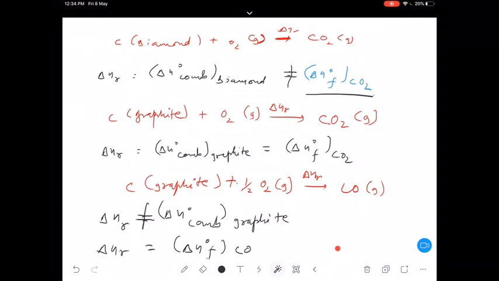So basically some enthalpy change, if it is given, could also be called enthalpy change for some other process. For example, last time I discussed enthalpy of atomization and enthalpy of sublimation. They could be same for some species. At the same time, enthalpy of atomization could be same as enthalpy of bond dissociation for some other species. So like that different enthalpies we have to discuss, that we are going to do.